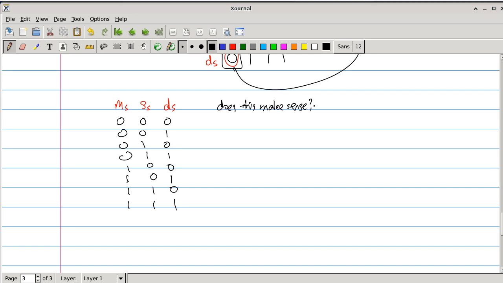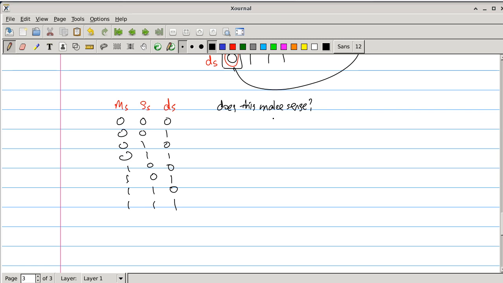So let's look at the first row. The first row says you start with a non-negative value, you subtract a non-negative value from that, and you end up with a non-negative value. Can that happen? Let's check. 0 minus 0 is 0. They all have a sign bit of 0. Seems to be okay, right?